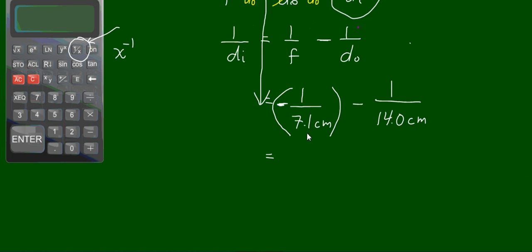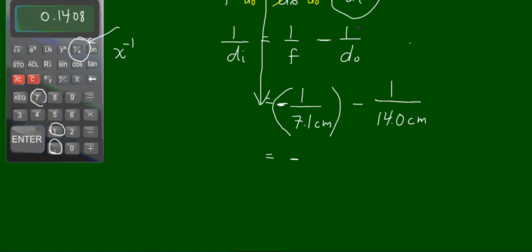To determine the reciprocal of 7.1, I would enter in my calculator 7.1 on the screen like so, and then I press the reciprocal key button, and the reciprocal of 7.1 comes out to be 0.1408 with a number of other digits after that.